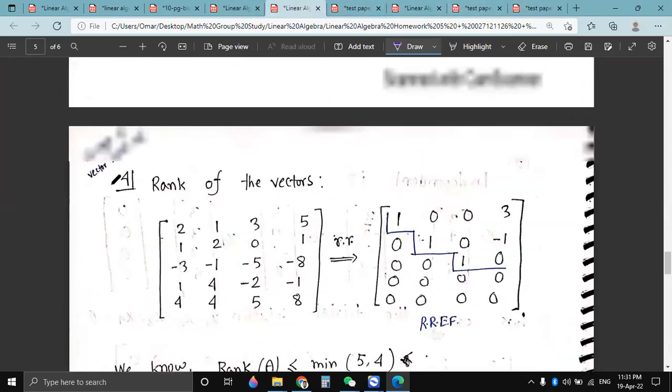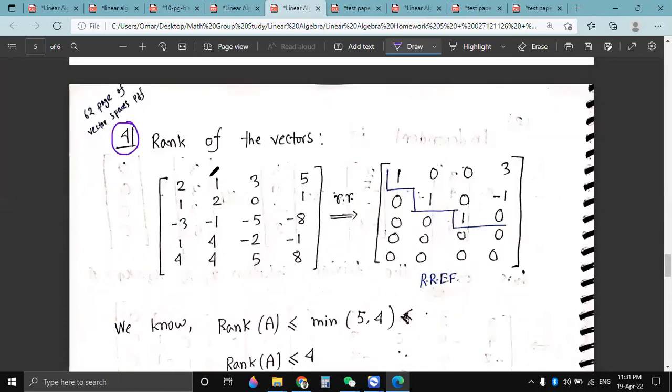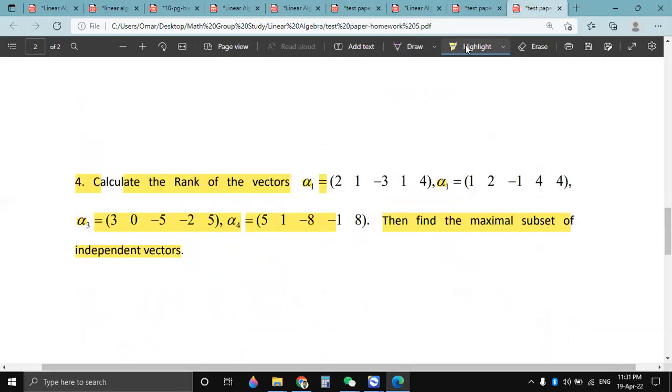So number 4 is here, okay? Again, we write down alpha 1, alpha 2, alpha 3, and alpha 4 as the four vectors.